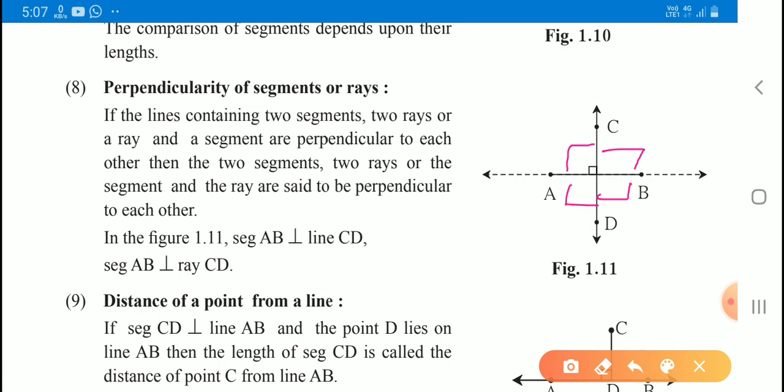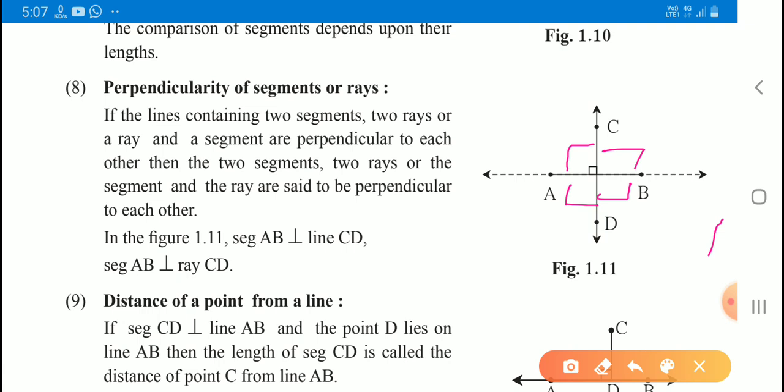Now if the lines containing two segments, two rays, or a ray and a segment are perpendicular to each other, then the two segments, two rays, or the segment and the ray are said to be perpendicular to each other.